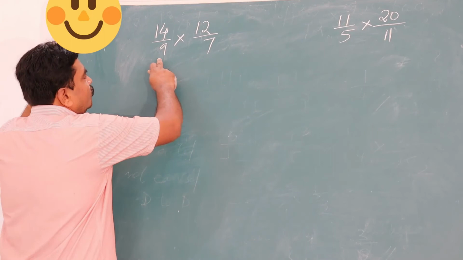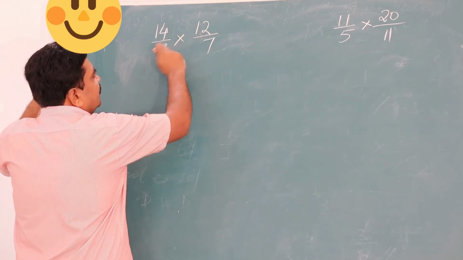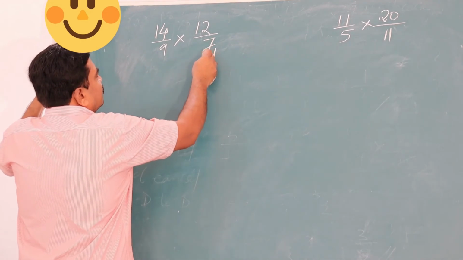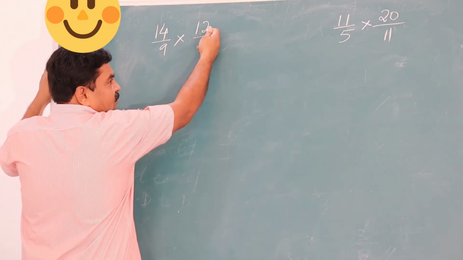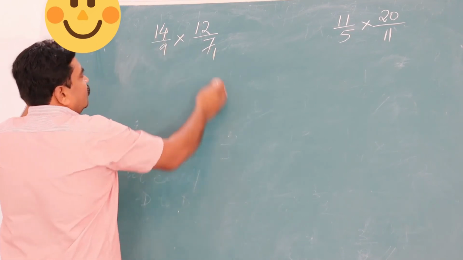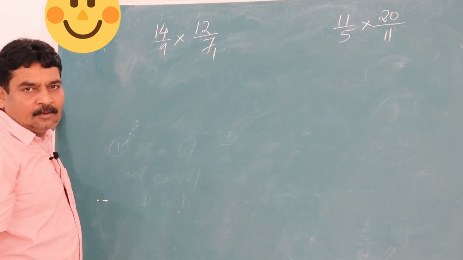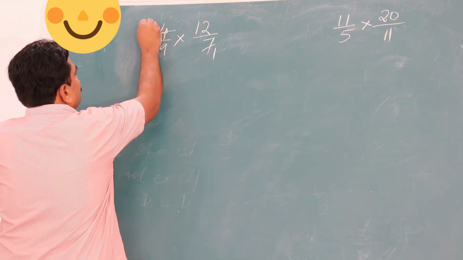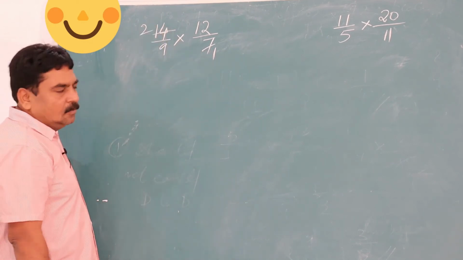But look at the two denominators, you can easily do it. 7 ones are 7, 7 2s are 14. If it is going, then you can cancel there itself. It is not a rule that you have to cancel only the right diagonal value. Not like that. 7 1 time 7, 2 times 14.